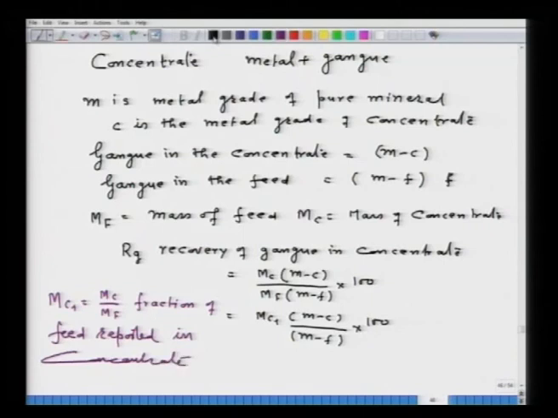Now, similarly, I can also find out the recovery of metal.